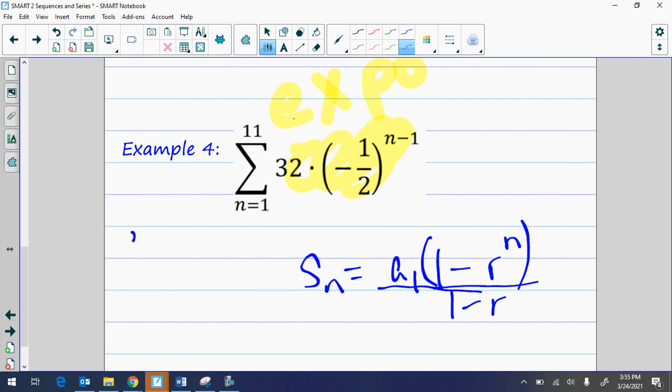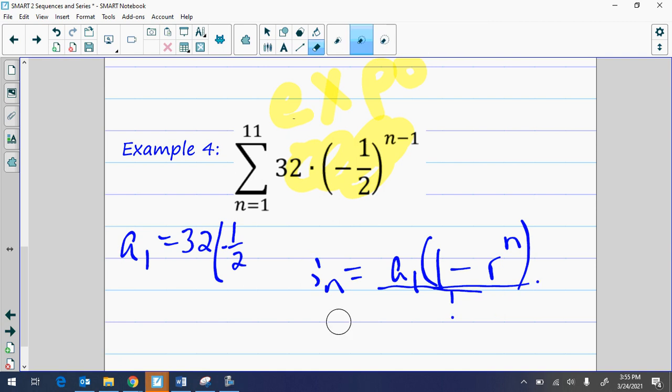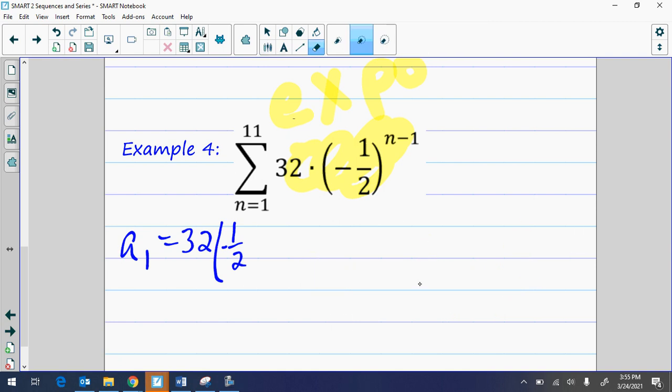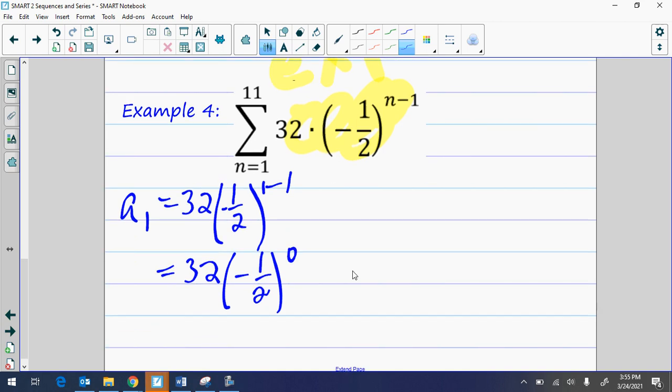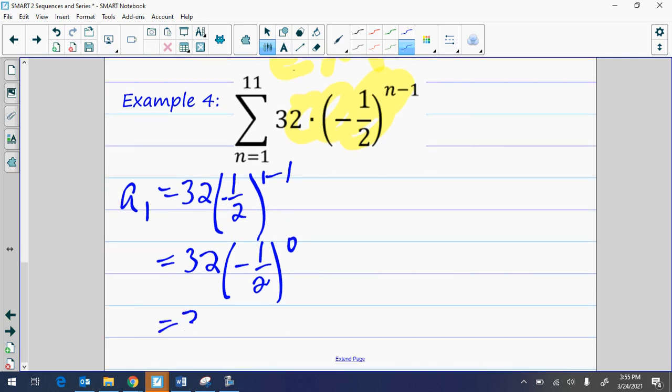Okay, so my a sub 1, I've got to plug in. So it's going to be 32 times negative 1/2. I am too messy. We're going to move this for now. To the 1 minus 1, well, that's 0. And anything to the 0 is 1, so that's going to be 32 times 1, which is 32.